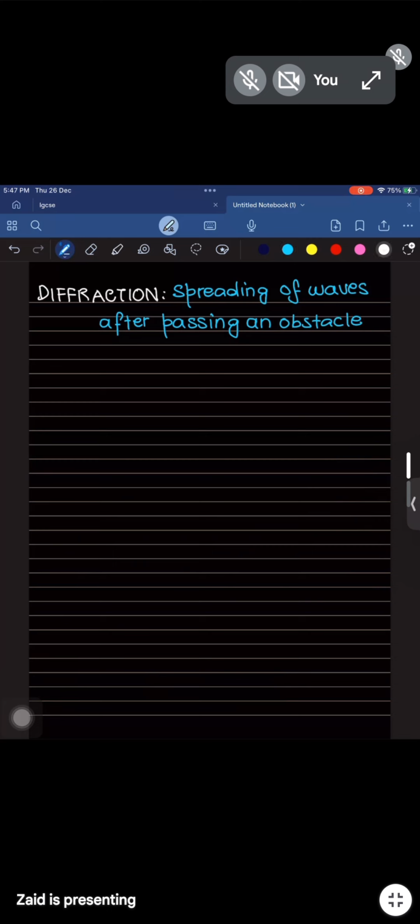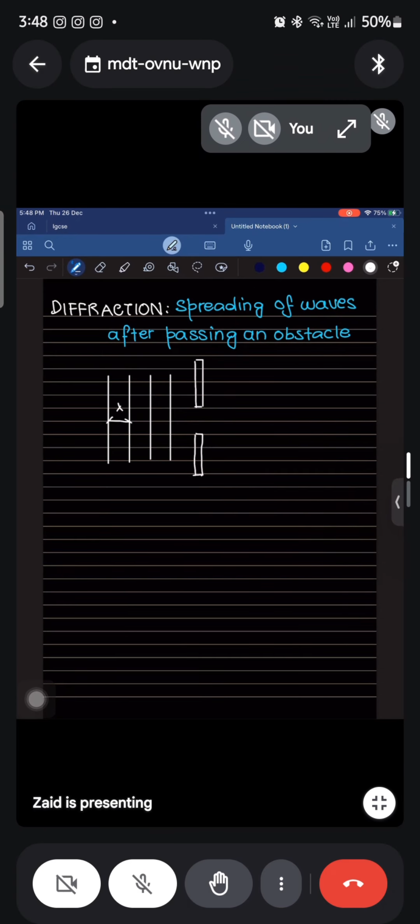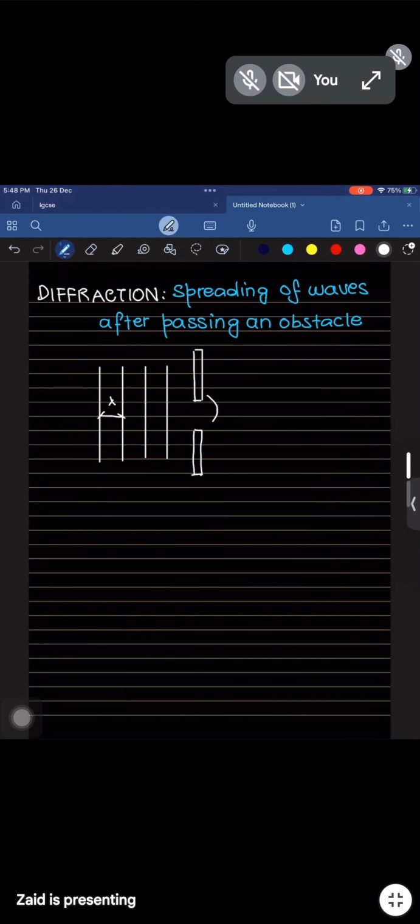For example, you have water waves coming like this, and now you have placed a barrier or an obstacle in their way. Now what's going to happen if the slit or the gap is equal to the wavelength? When the waves pass through it, they're going to bend like this, and you will have curves.